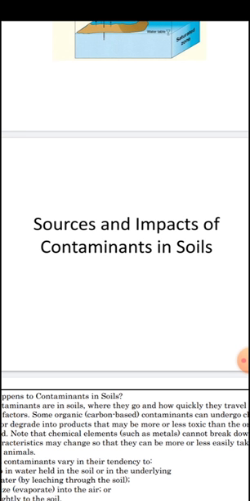Then the contaminant is important, so every contaminant has its own characteristics. So based on those characteristics, the soil is going to deal with it. Then whether it is going to retain that contaminant within the soil medium, or it is going to pass it on to the groundwater along with the flow of the water.